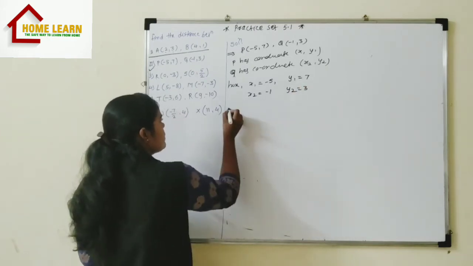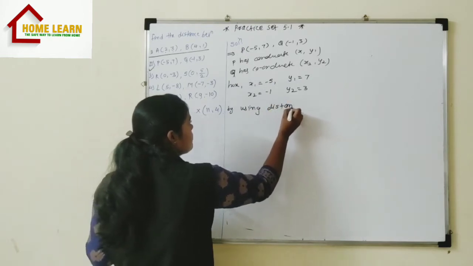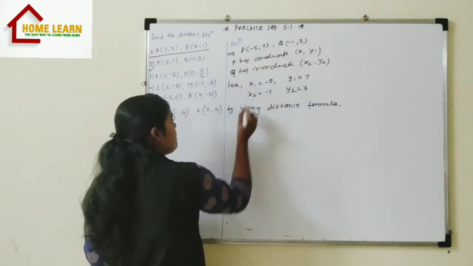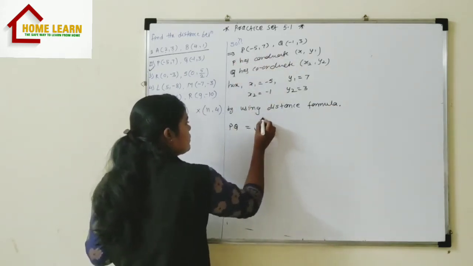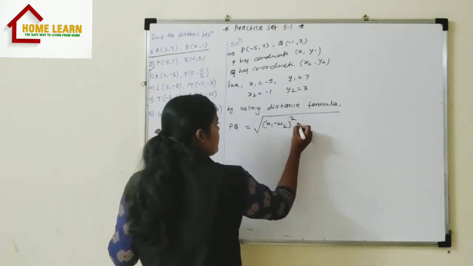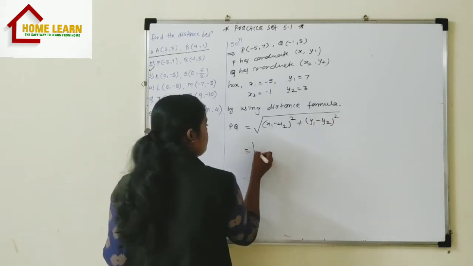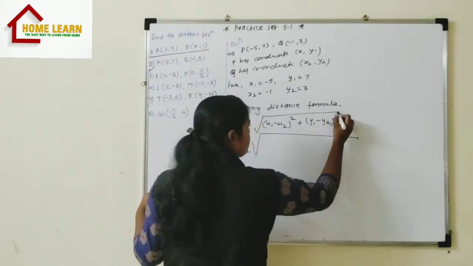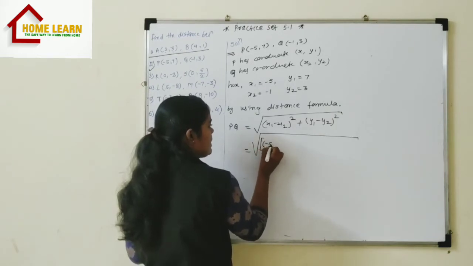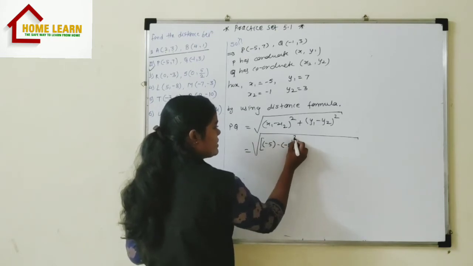Now by using the distance formula, the distance between PQ is the square root of (x1 minus x2) squared plus (y1 minus y2) squared. As x1 is minus 5, here minus 5 minus x2, which is minus 1, squared.